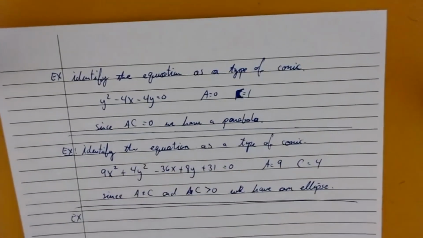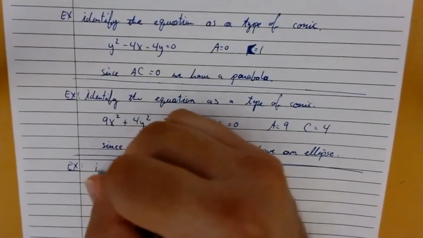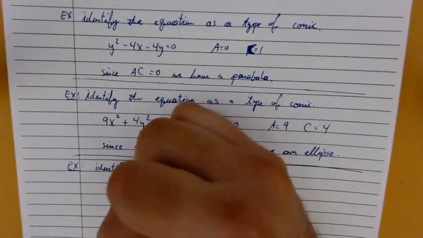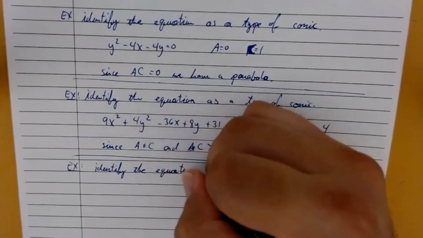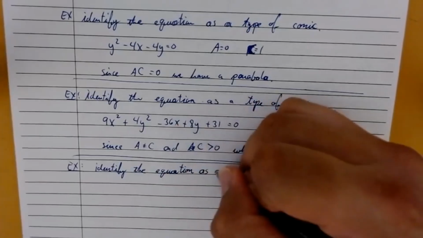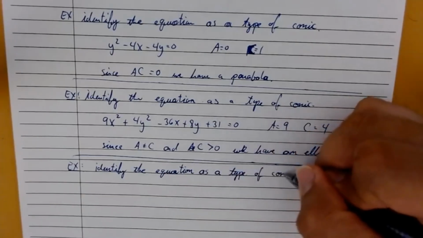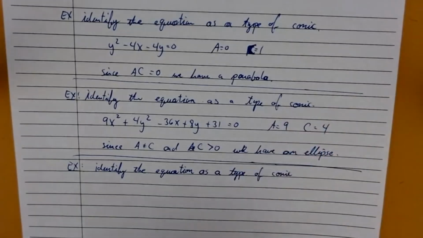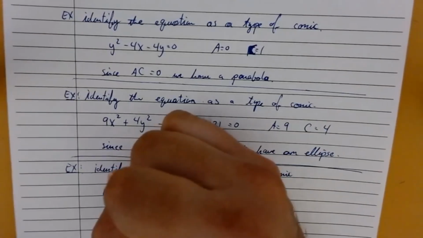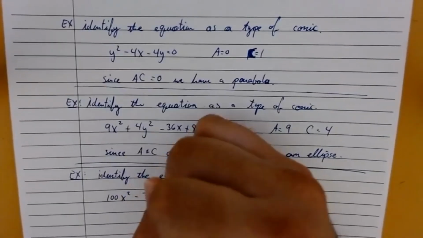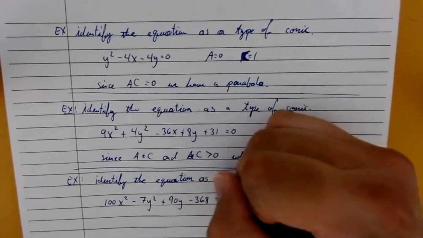So for our last problem here, go ahead and give this a try. Go ahead and identify the equation as a type of conic. Let's try 100x squared minus 7y squared plus 90y minus 368 equals 0.